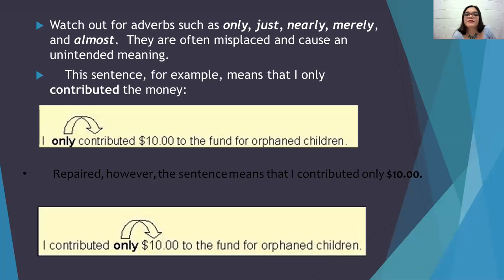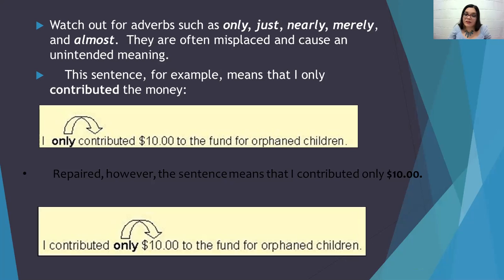Watch out for adverbs such as only, just, nearly, merely, and almost. They are often misplaced and cause an unintended meaning. This sentence, for example, means that I only contributed the money. I only contributed $10 to the fund for orphan children.